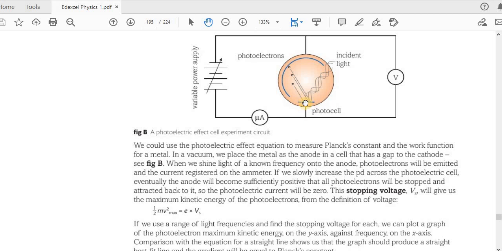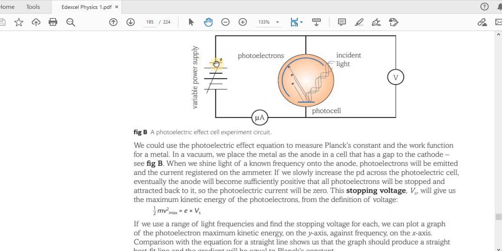Now remember, for chemistry you would have learned anode and cathode. Anode attracts the anions, so it is positively charged. Here you can see this is the positive terminal, so that makes this the anode. Cathode attracts the cations, so it has to be negatively charged.